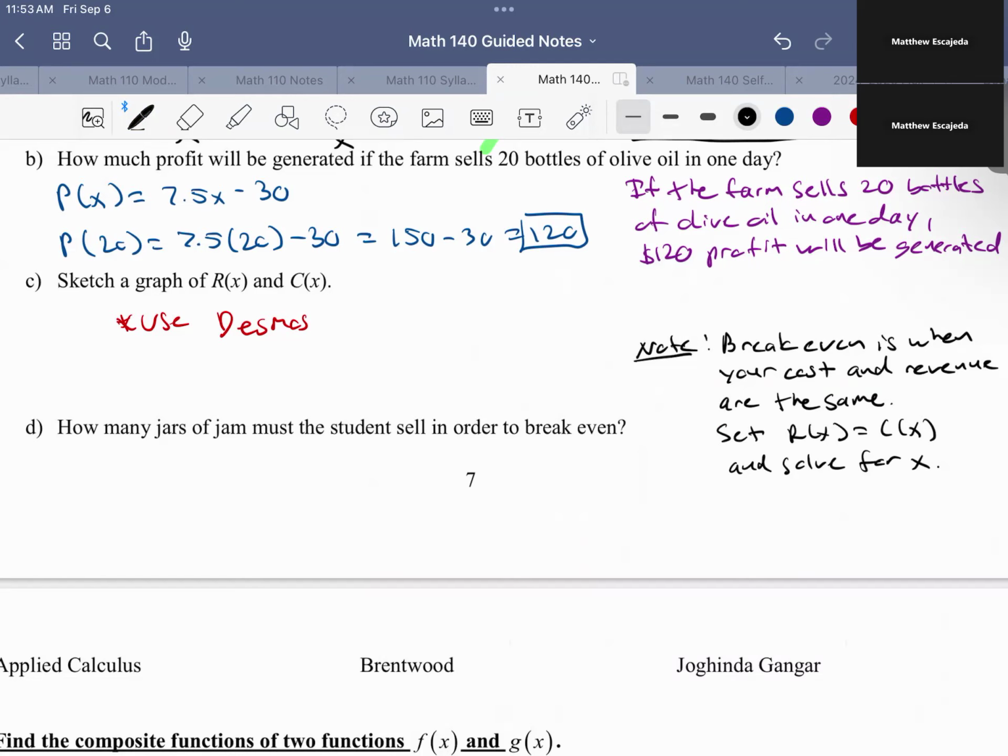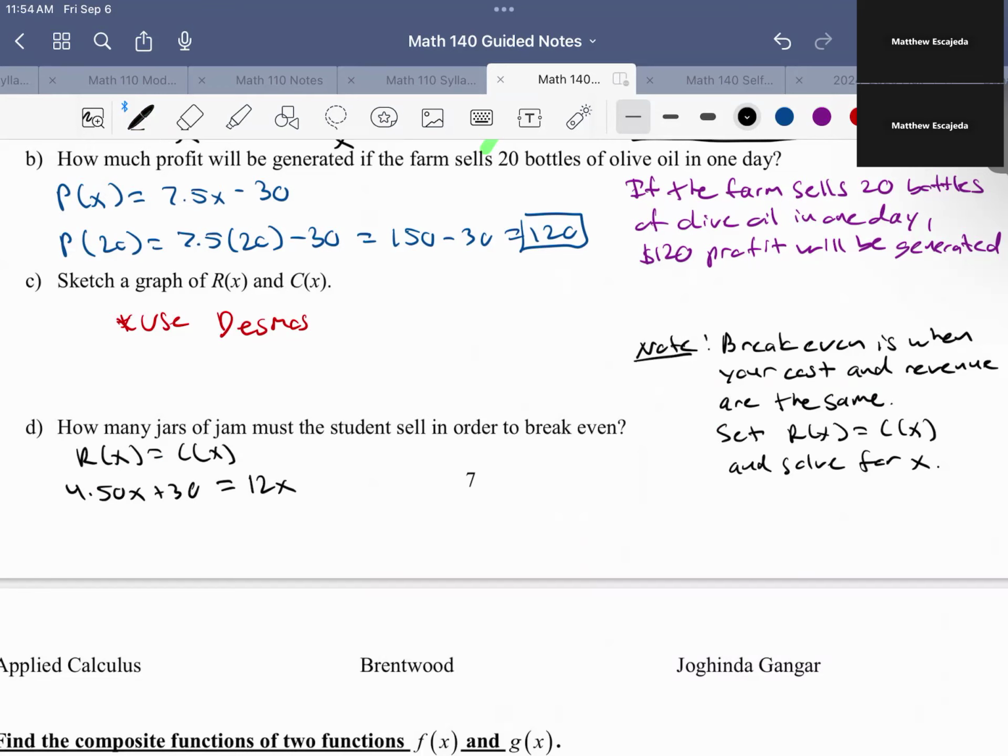So algebraically, let's check this out. Once again, it has to be when your revenue and cost are equal. I think I wrote this backwards as opposed to our side note. So revenue equals cost. That means I have 450x plus 30 equals 12x. I want to solve for x, to find the number of items that break us even.